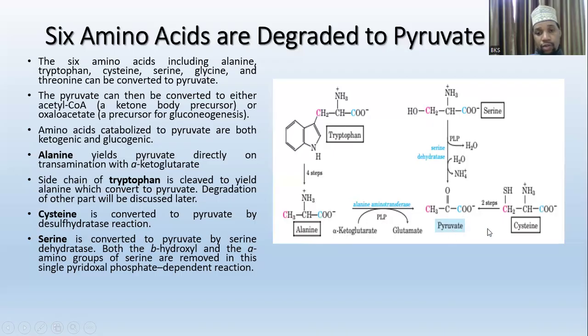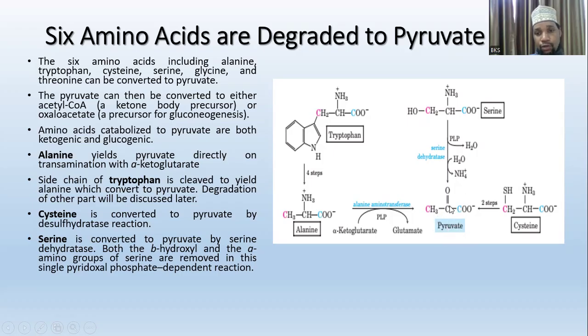Now the next one is cysteine, which we've already known also. While talking about non-oxidative deamination, we talked about the reaction of cysteine desulfhydrase, where we said it releases hydrogen sulfide as well as the amino group, leading to formation of pyruvate.